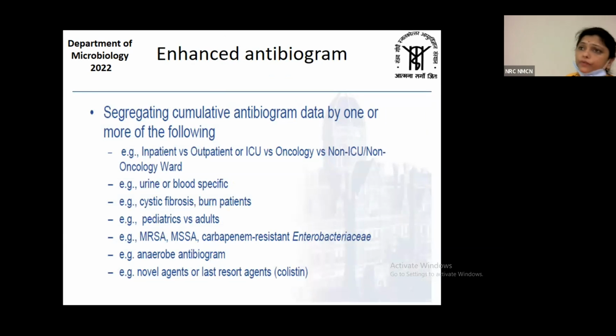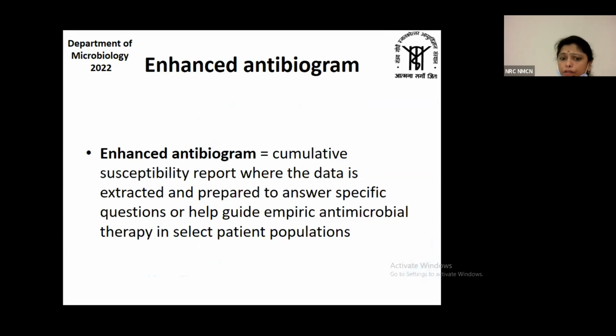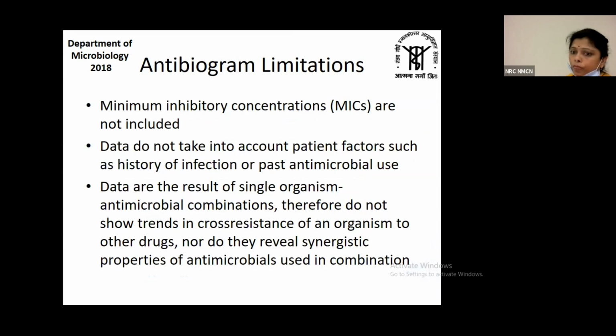I've already told you what an enhanced antibiogram is. It can be sample specific, it can be unit specific, oncology, hematology, or we can even have an enhanced antibiogram that is isolate specific: MRSA, VRE, carbapenem-resistant Enterobacteriaceae. Then what are a few limitations of an antibiogram? MICs are not included, so we do not know the specific values for any isolate.